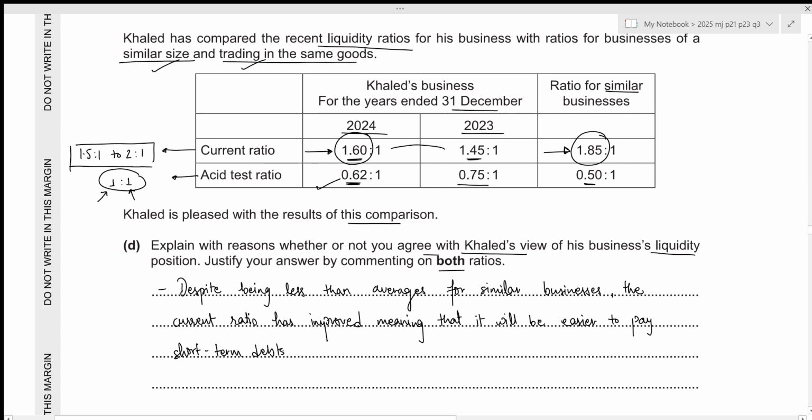Then we can talk about how the acid test ratio has been reduced or declined. And we can also compare it to our industry average of 0.5, and comparatively, our business acid test ratio is better.